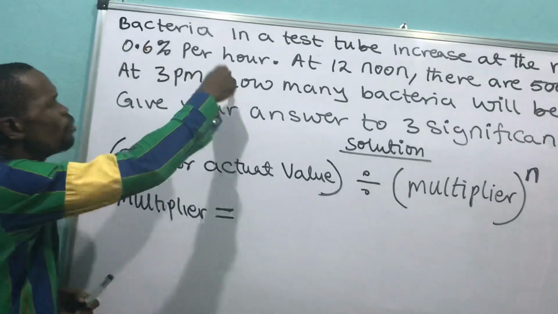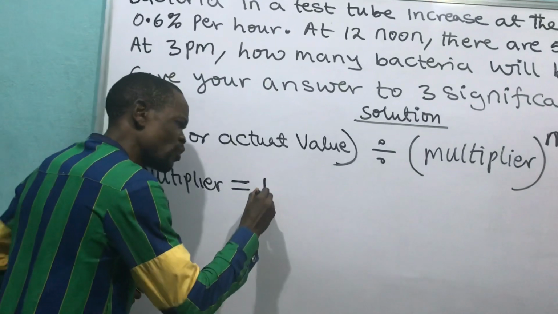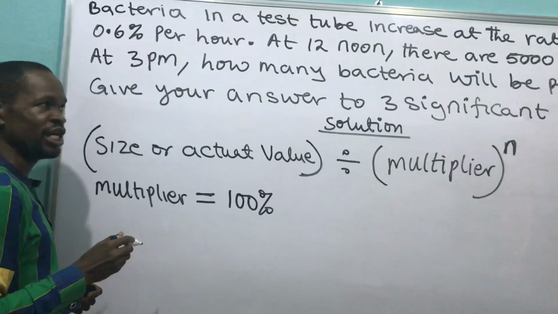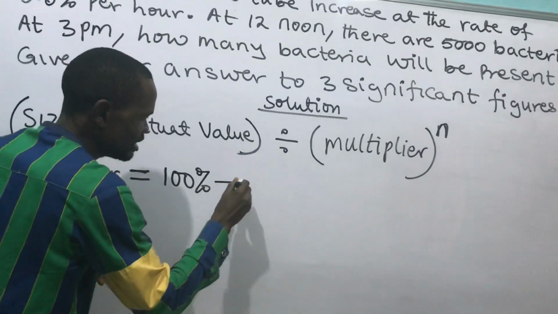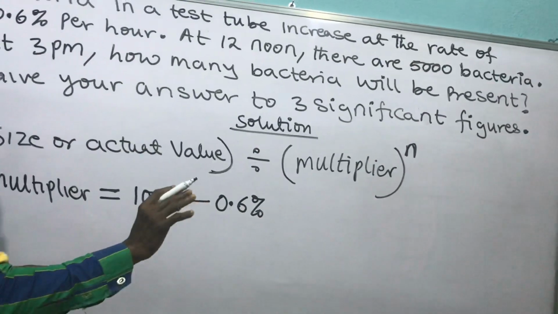Therefore, the test tube before the change occurs is 100%. That means 100% of the test tube before the change, and the change occurs, at what rate? 0.6% was the rate of the change.